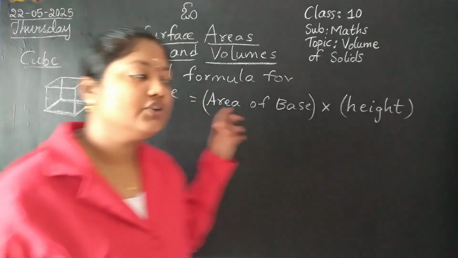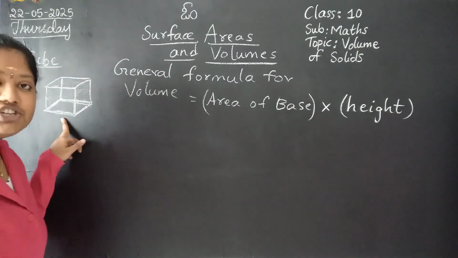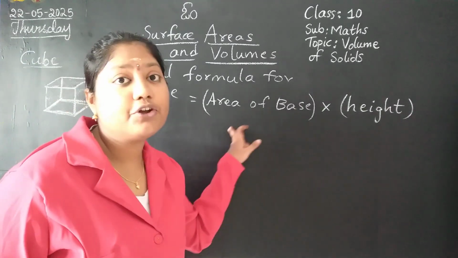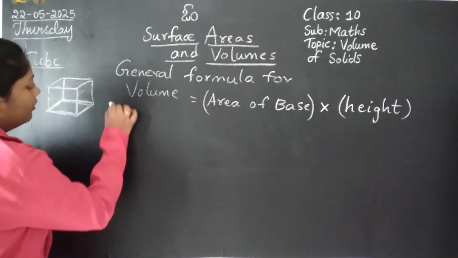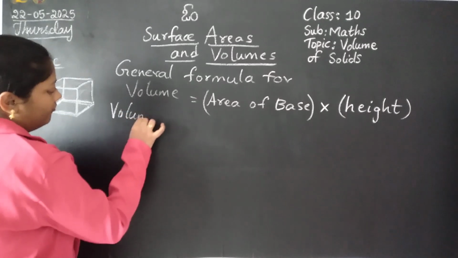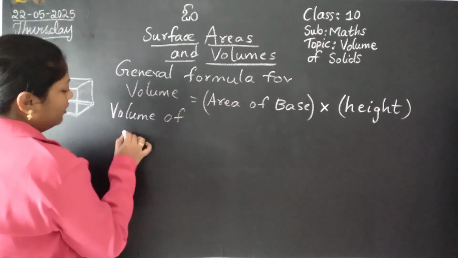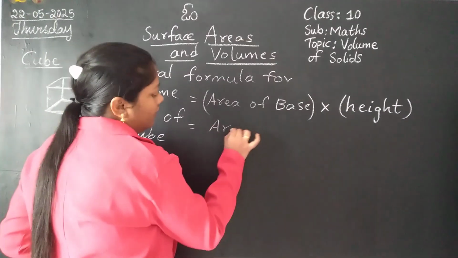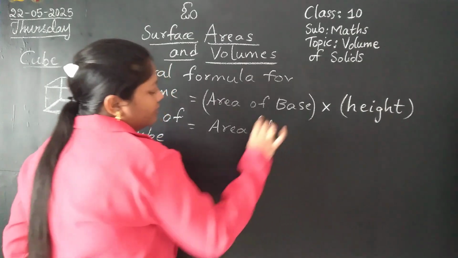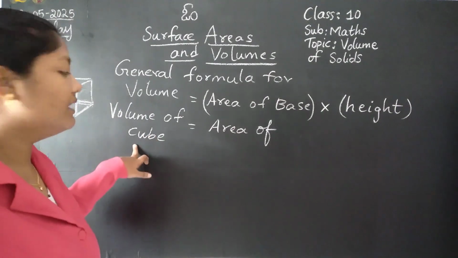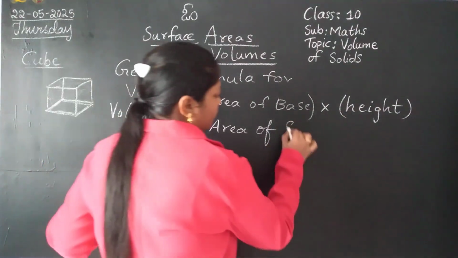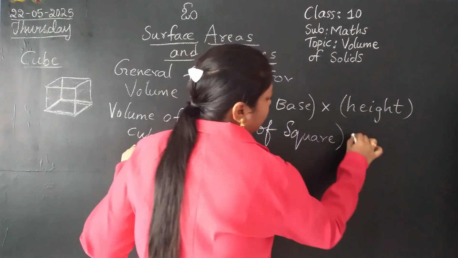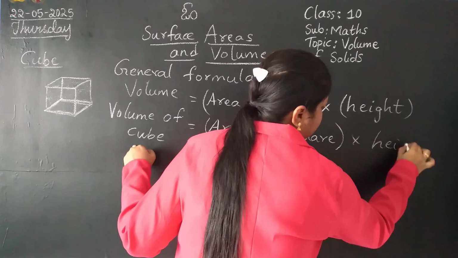As this cube has the base in the shape of a square, we have to write the area of the base as area of the square. So volume of cube is equal to area of base. What is the base of this cube? Square. So we write area of a square into height.